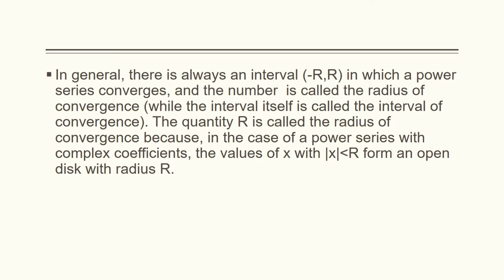The quantity R is called the radius of convergence because in the case of a power series with complex coefficients, the values of x with absolute value of x less than R form an open disk with the radius R.